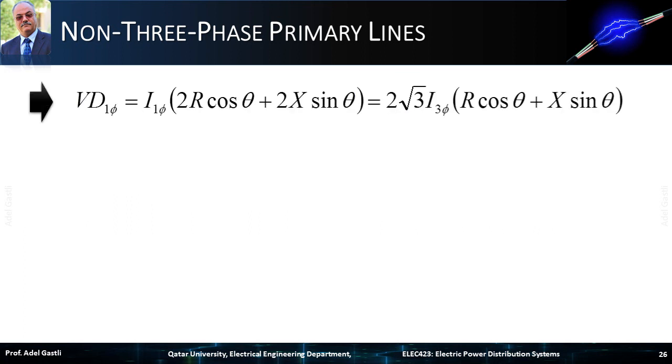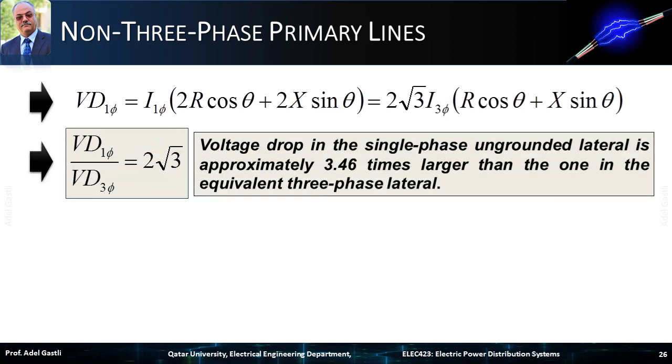So we can write the voltage drop in the two-phase circuit as given by this equation. Therefore, calculating the ratio of the voltage drops, we can say that the voltage drop in the single-phase ungrounded lateral is approximately 3.46 times larger than the one in the equivalent three-phase lateral.